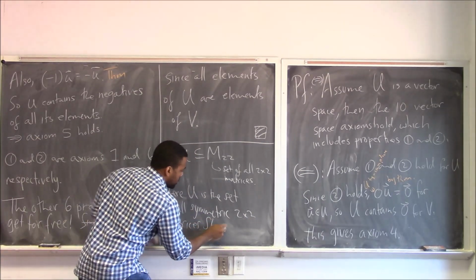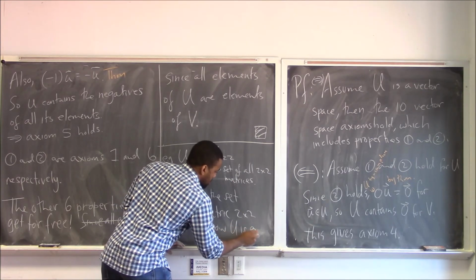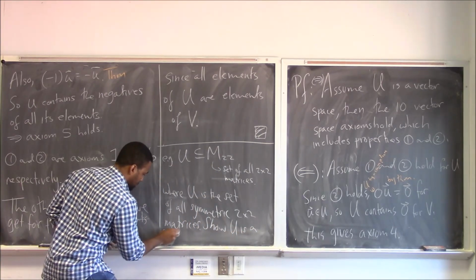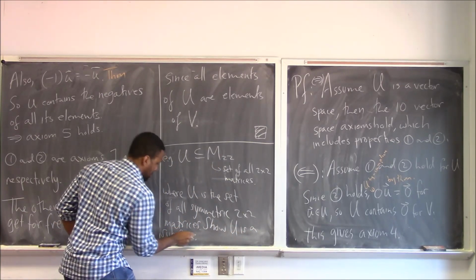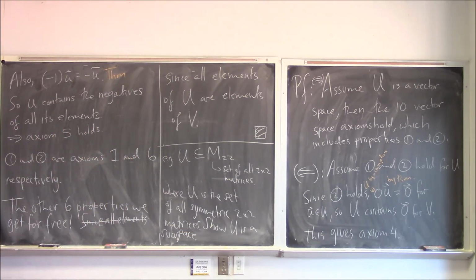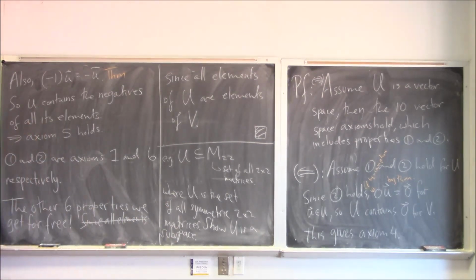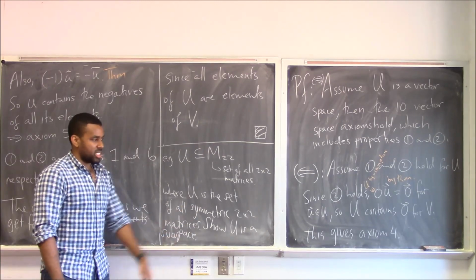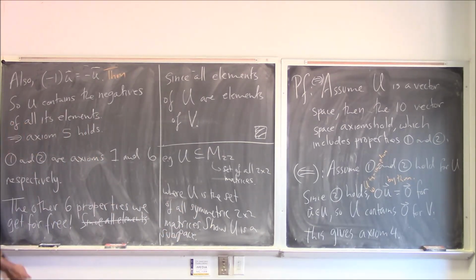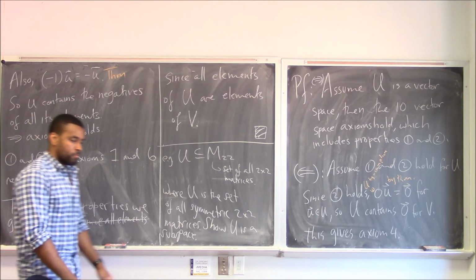Show U is a subspace. It turns out to do that, you only need to check 2 things. You need to check that when I add 2 symmetric matrices, I get a symmetric matrix. And if I multiply a symmetric matrix by a scalar, I get a symmetric matrix. And that will prove that it's a subspace.